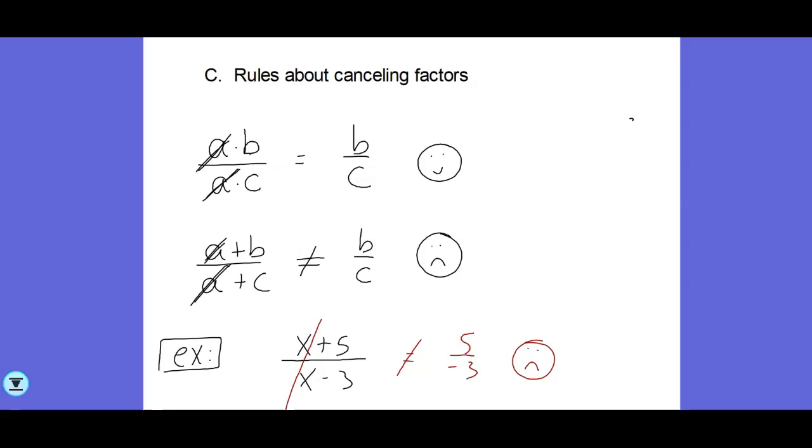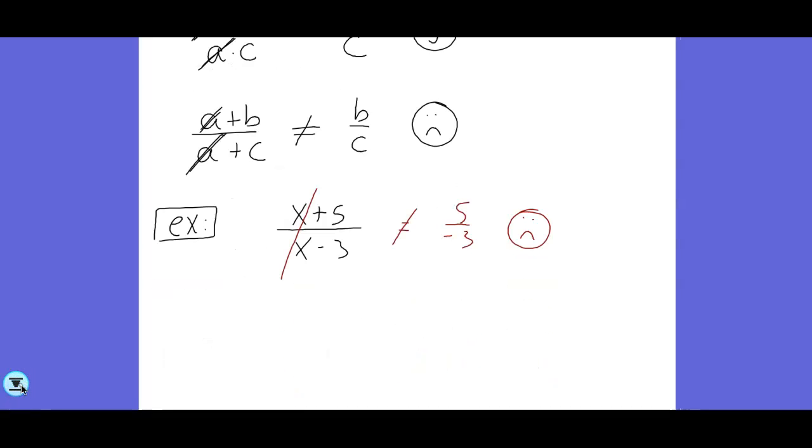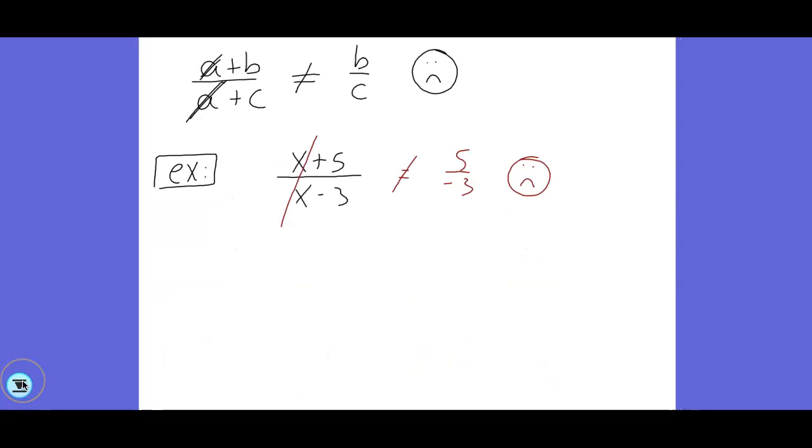All right. Now, an example of a positive situation, something you actually can do, is if you had this. This can cancel this.